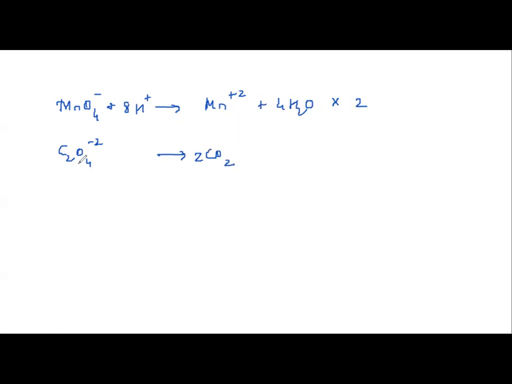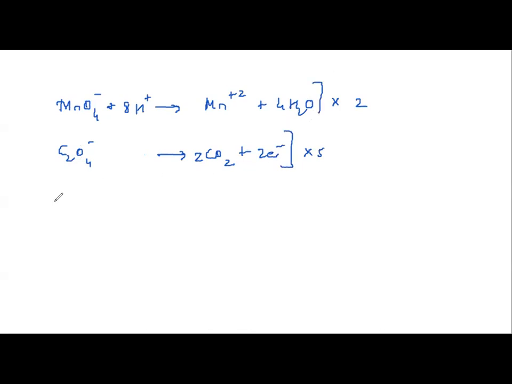Here C2O4 minus 2 gives 2CO2. Minus 2 is there, so if I lose those 2 electrons it will become neutral. So I have to balance it on the other side, so here I will write 2 electrons. So it is balanced. C2O4 minus 2 gives 2CO2 plus 2 electrons. And this equation I will multiply by 5. Write the entire reaction: the first multiplied by 2, the second multiplied by 5.